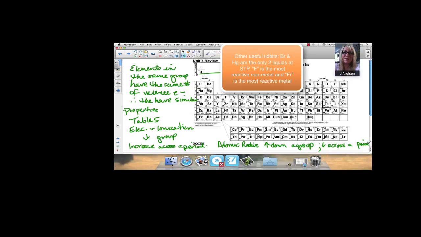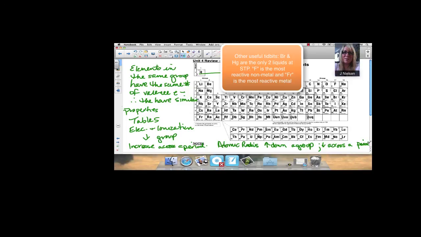Because we're getting into non-metal territory, and non-metals don't like to give up electrons, they like to gain electrons. Not only that, you have an increased nuclear charge, so you have an increased attraction for those outermost electrons because you have more protons as you go across a period.